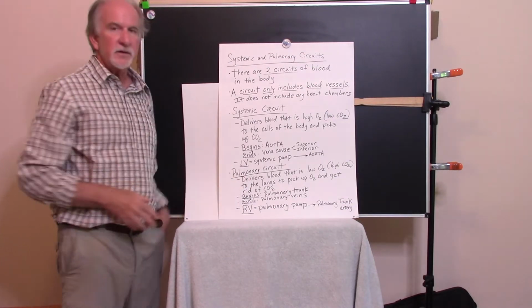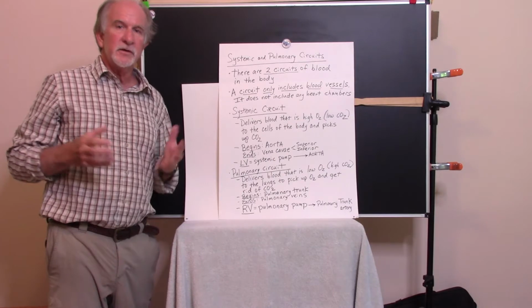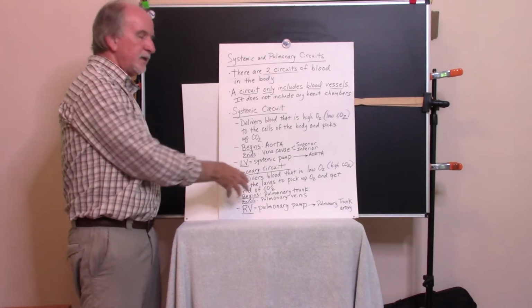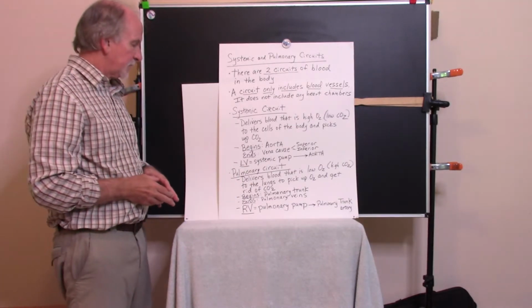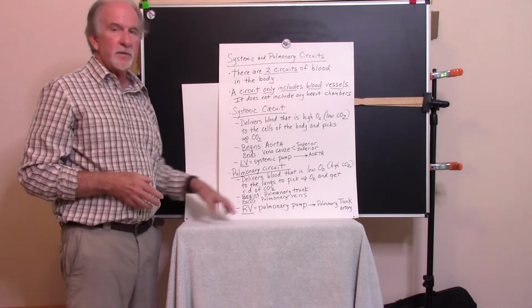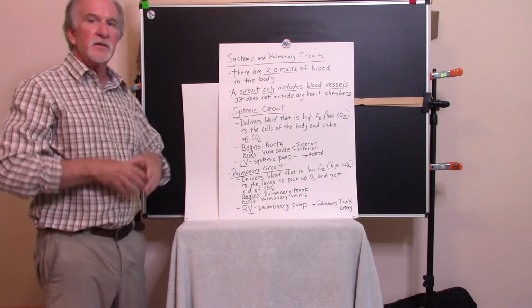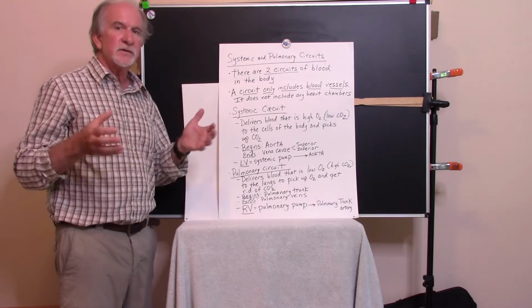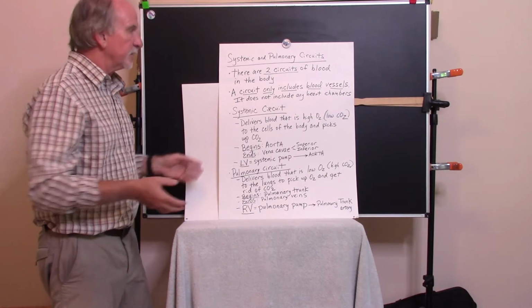The pulmonary circuit begins at the pulmonary trunk and ends at the pulmonary veins. The right ventricle is sometimes known as the pulmonary pump because it pumps blood into the pulmonary trunk, to the pulmonary arteries, to the rest of the pulmonary circuit.